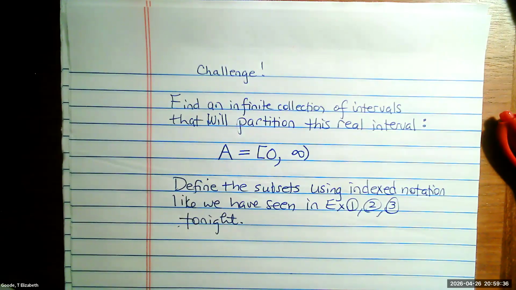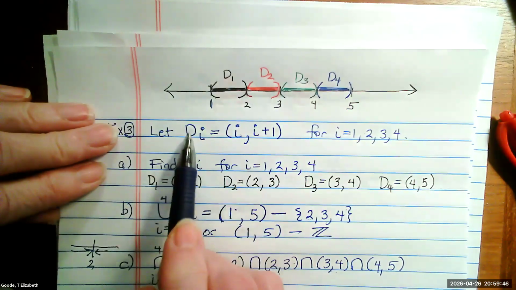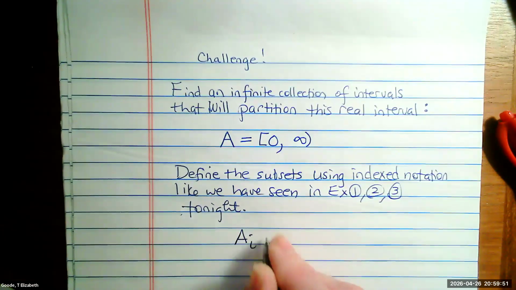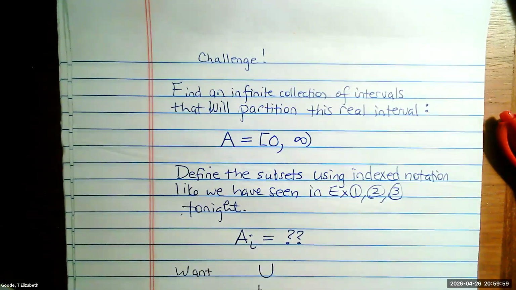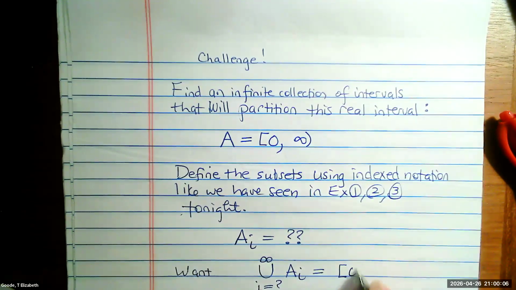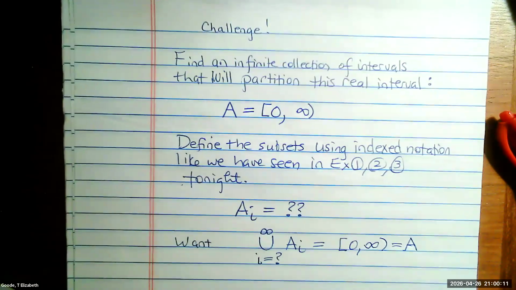And for all of those, we defined the sets using indexing notation like this, where your A sub i would equal something. But you want the union from i equals whatever you want to start at to infinity of your A sub i's to equal your set A that I've given to you, which is all the non-negative reals.